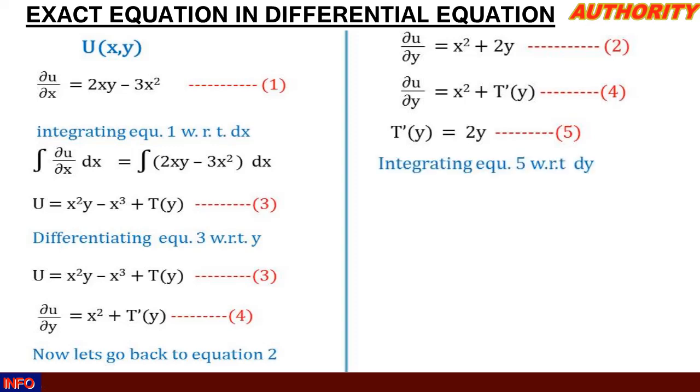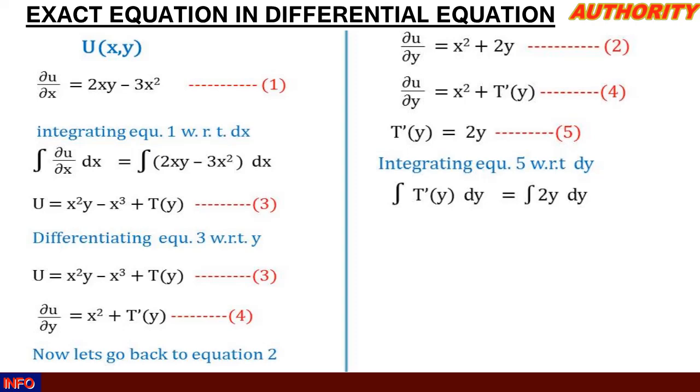So we're going to integrate this t prime of y with respect to y. The integral of t prime of y dy is equal to, on the other side, we integrate also with respect to y, the integral of 2y dy.